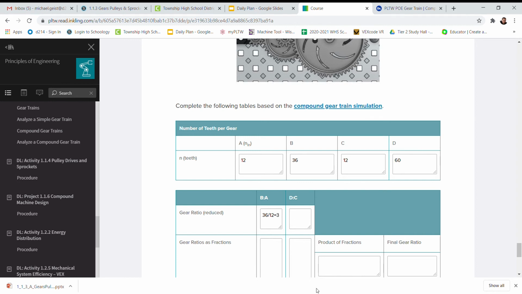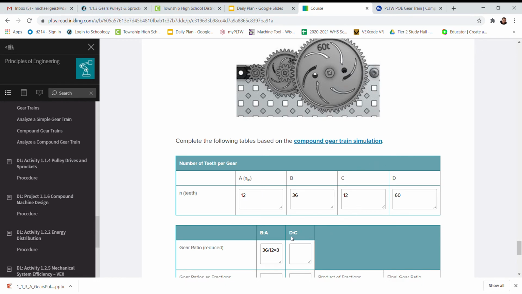Okay, and then my D to C, so my out would be my 60-tooth, out divided by my in, which is my 12-tooth, equals... my calculator, it's pretty simple numbers, but I'll still make sure I do it correctly, gives me 5.